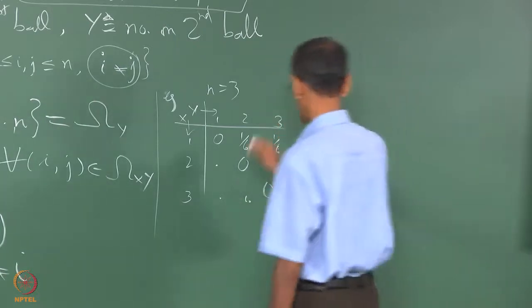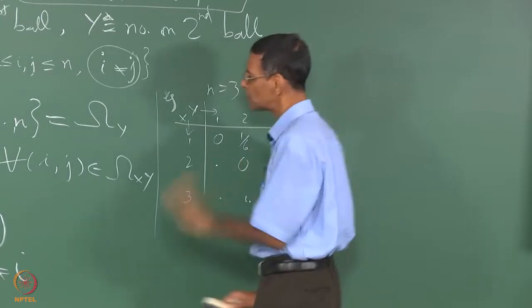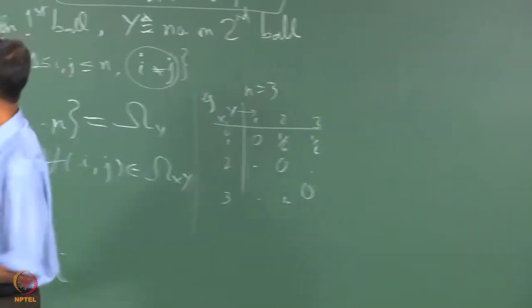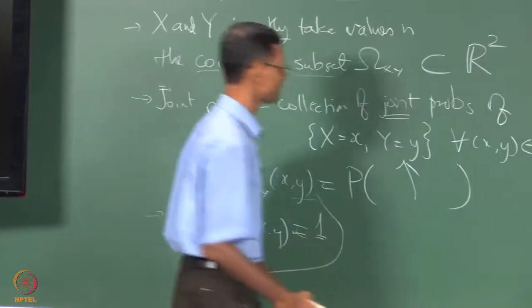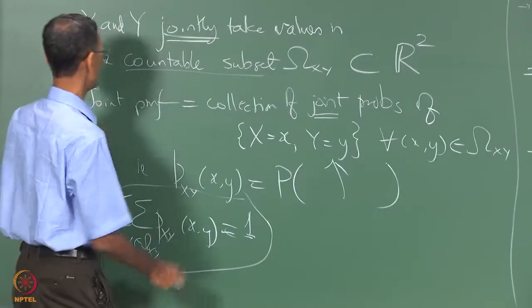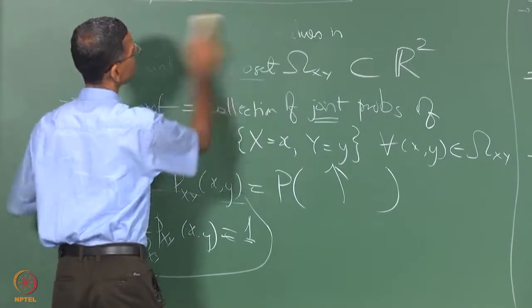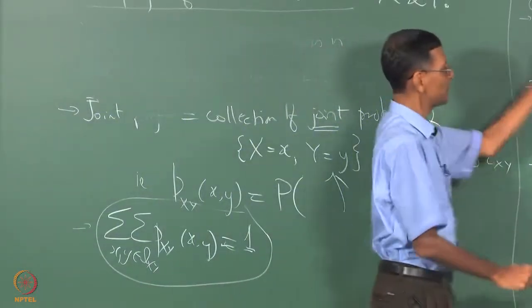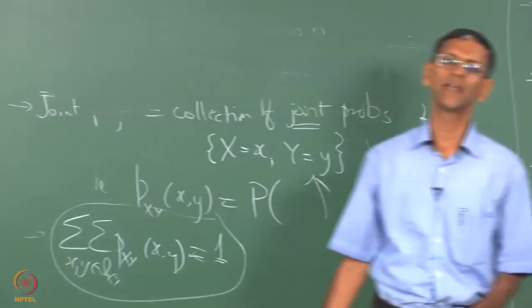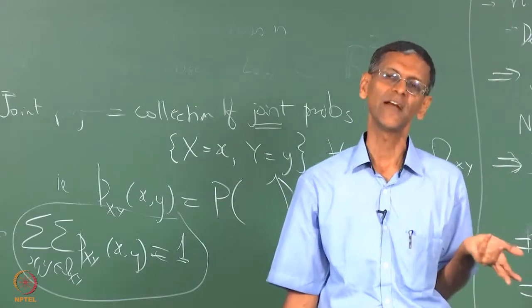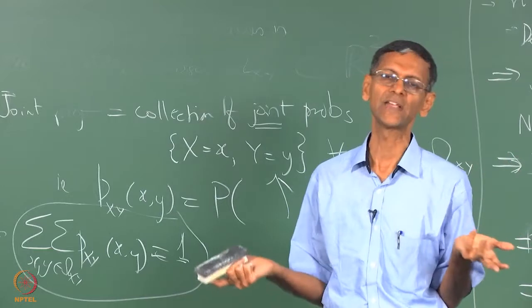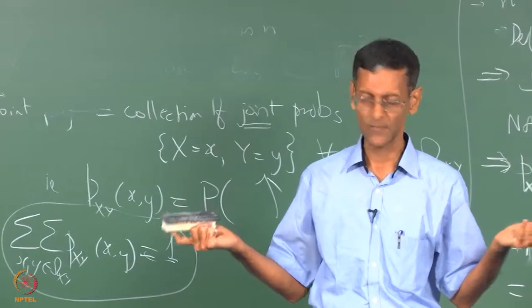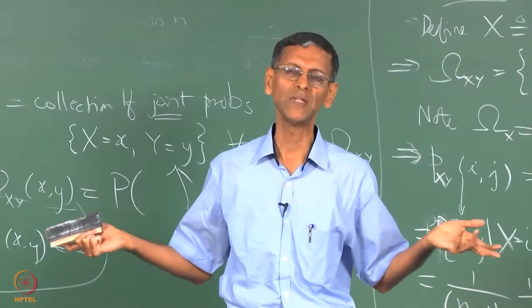So this is just to make sure that there is absolutely no ambiguity in understanding this very important concept of the joint PMF itself. Note that given some experiment like this, these are not the only two; I can define whatever random variables I want. I can define x to be the first number, and y to be the bigger of the two.